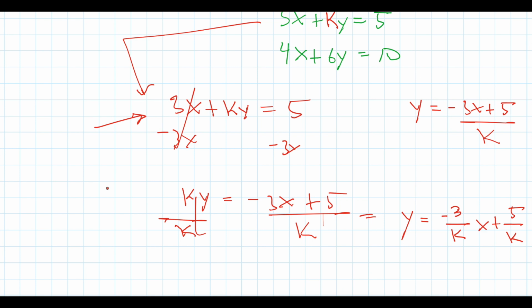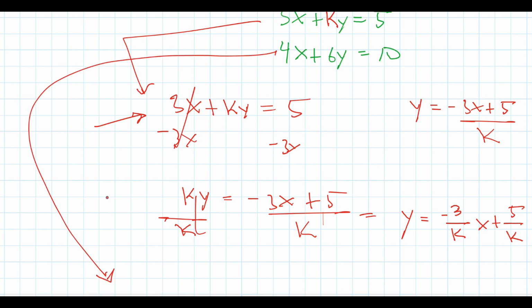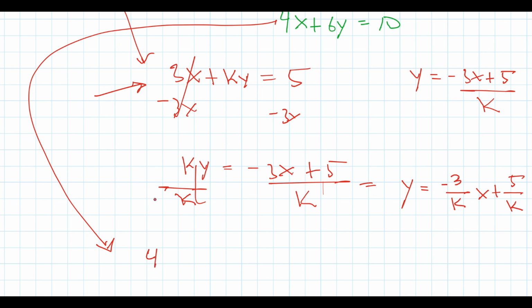And now let's do the other one. We have 4x plus 6y equals 10.